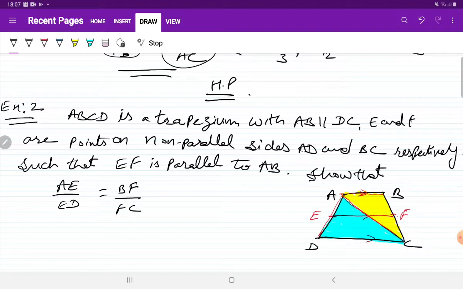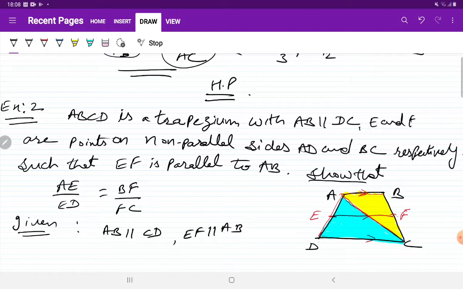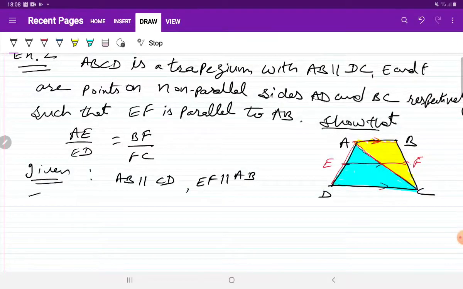So when you have to show that, for that you have to write first given. Given is that ABCD is a trapezium and AB is parallel to CD. This is given, and EF is parallel to AB. This is given. So to prove, that is, you have to show that AE upon ED is equals to BF upon FC.